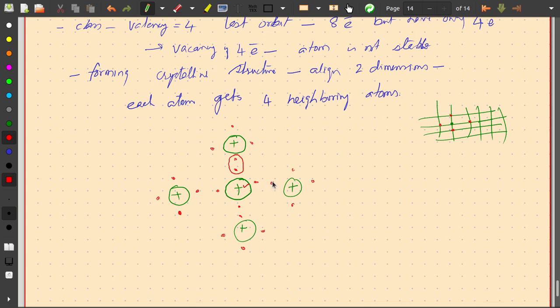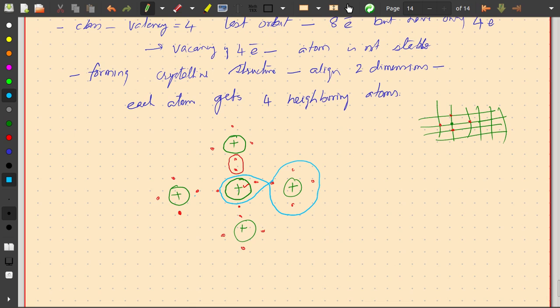So this atom feels that this electron belongs to it. At the same time, this atom also feels that this electron belongs to itself, and that way these two electrons belong to both these nuclei.